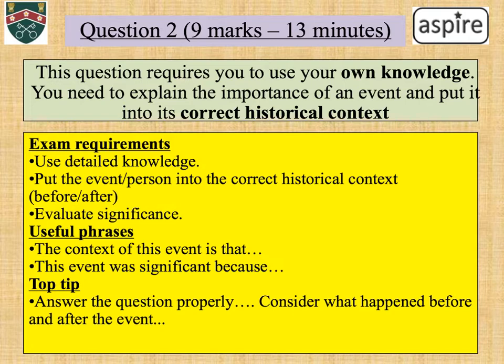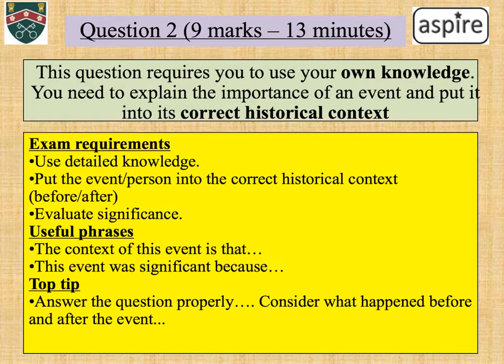So you need to use detailed own knowledge, you need to evaluate significance, there's some useful phrases there as well, and you need to make sure that you are not just describing but that you're actually answering the question that you've been given properly, quoting the question in your answer, and really putting the event into the correct historical context.